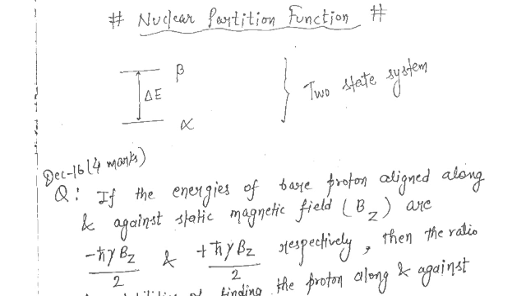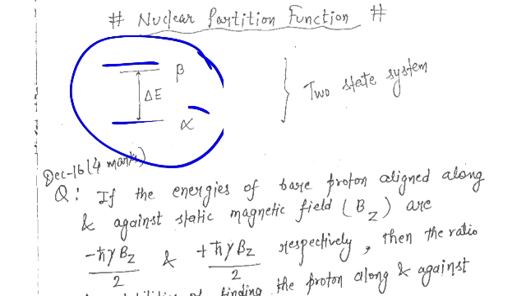So that splitting of the energy between the two levels will be our system in this case. Those two energy levels which we get upon splitting when we apply the external magnetic field will now be our system.